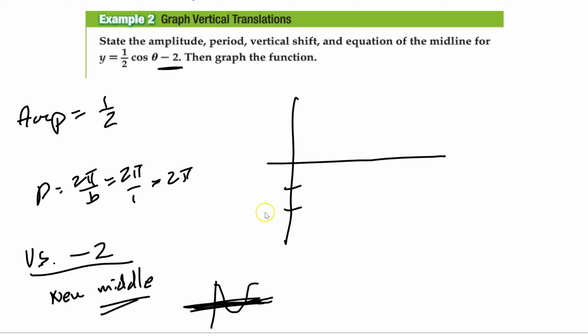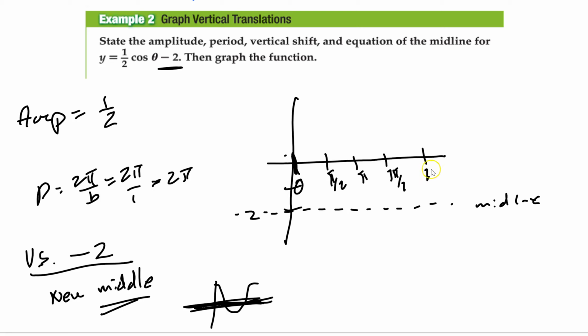This is your new middle at -2. Now my period's 2 pi, so as always we're going to start at 0. We'll end at 2 pi. So let's go pi over 2, pi, 3 pi over 2, 2 pi. We're starting here at 0, ending at 2 pi.